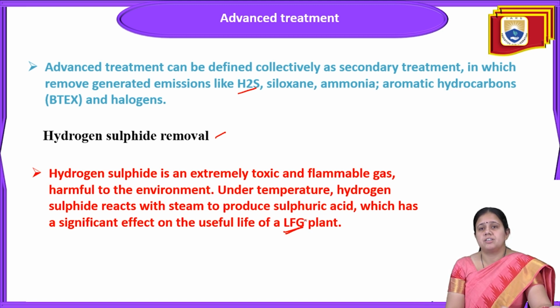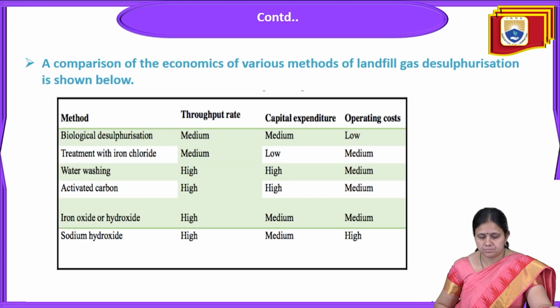So hydrogen sulfide removal is very important, because hydrogen sulfide is an extremely toxic and flammable gas, and it has a negative effect on the environment also.